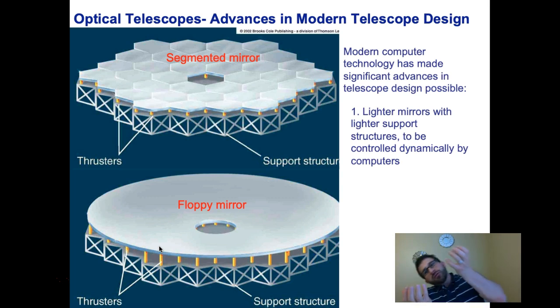As we turn the telescope we can change the thrusters and keep the shape of that mirror in the correct and ideal shape, because it does have mass and it will sag under gravity, so we need to be careful. These thrusters, this is called active optics, and it's very important to modern telescope design.